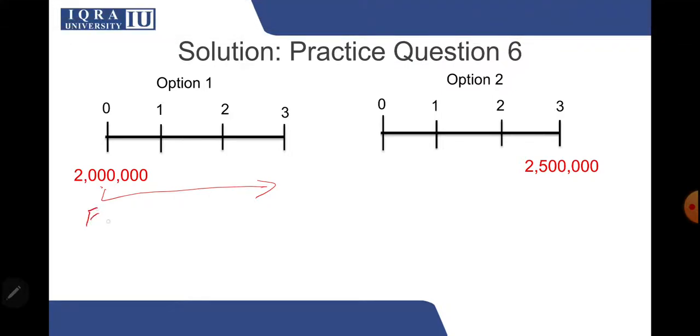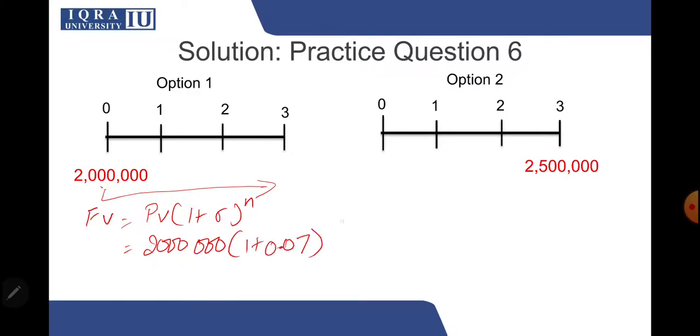So if you calculate the future value, this is your formula. 7% is the rate, and you're going to invest it for 3 years. So 3 years later, this value will become 2450086.